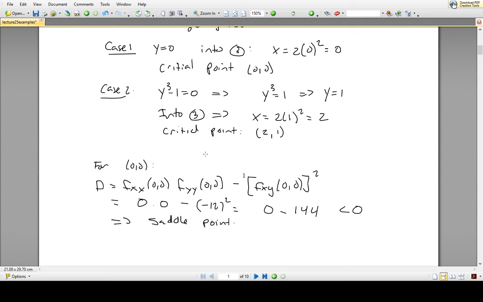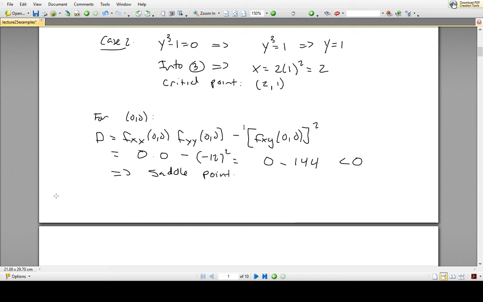Carrying out the exact same calculation for the point 2, 1, we get that D is equal to fxx at 2, 1 times fyy at 2, 1 minus fxy at 2, 1 squared.